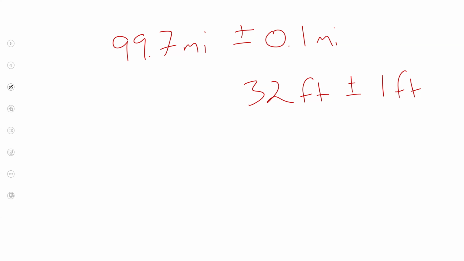If I wanted to add these two distances together, how far off could my answer be? I could still be plus or minus 1/10 of a mile here, right? It doesn't matter how good this 32 feet measurement is if I could be off by 1/10 of a mile. When we're adding and subtracting numbers, whatever has the highest uncertainty changes where we round. Here's another example.